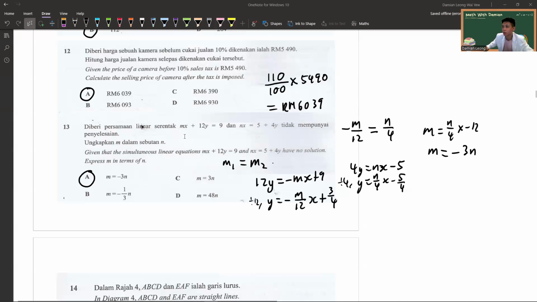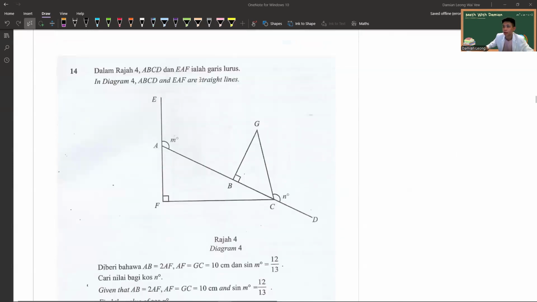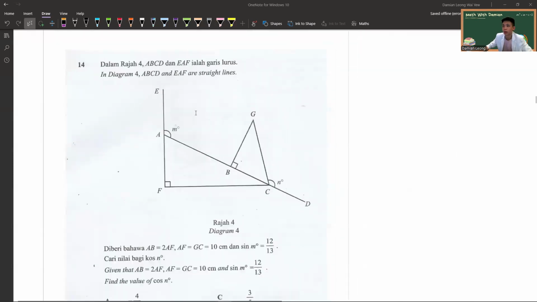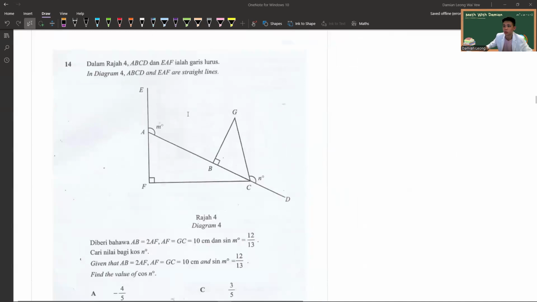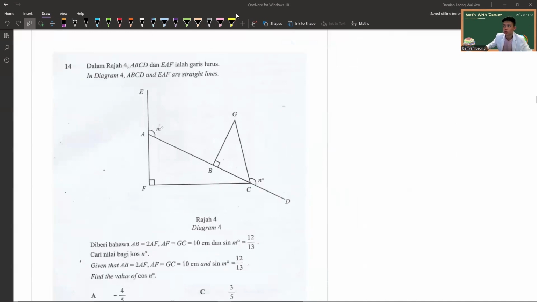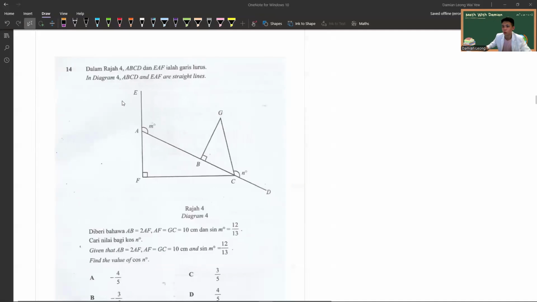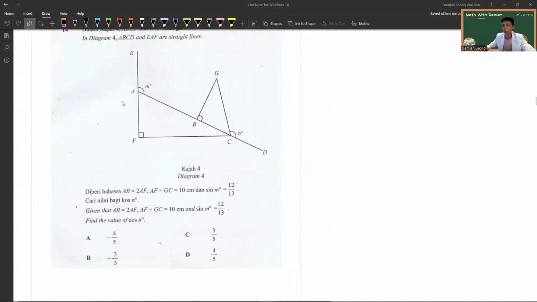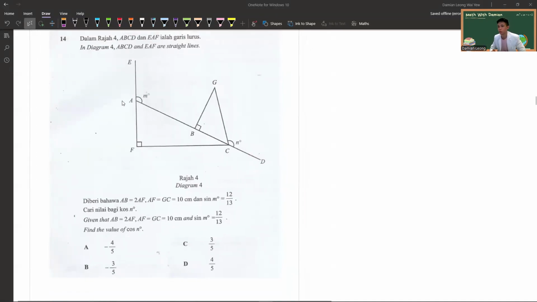That's question 13. Then look at question 14 here. This one is trigo ratios.